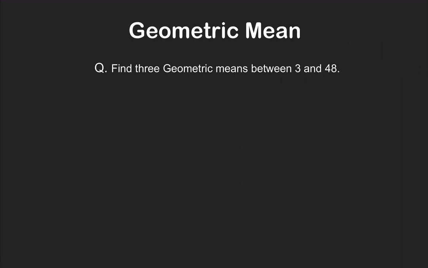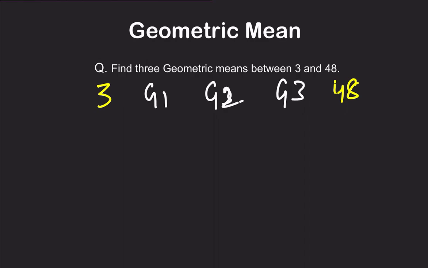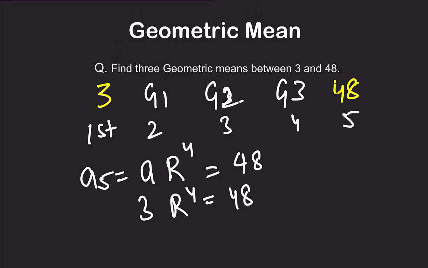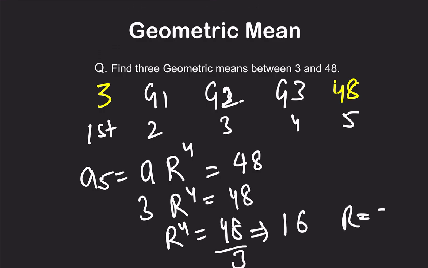There are two numbers, 3 and 48, right? I need to insert three geometric means, G1, G2 and G3. Now this is the first term, this is the second, third, fourth and fifth. So the fifth term of a geometric series is AR to the power 5 minus 1, that is 4, equal to 48. A is 3, so R to the 4 is 48 by 3, that is 16. So R is 2.